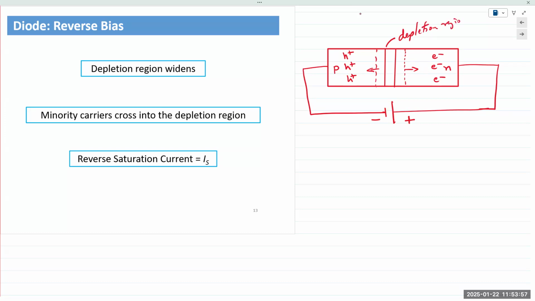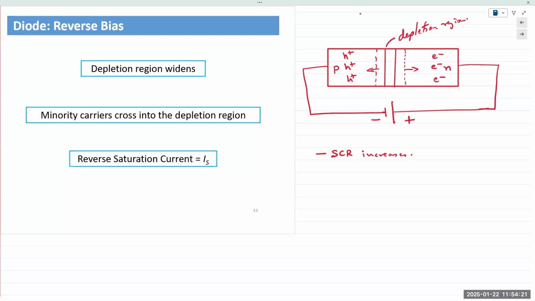I would say the space charge region increases. Now you have more ionized atoms created in the n side and the p side. So the space charge region is extending, it's expanding. Depletion region widens.